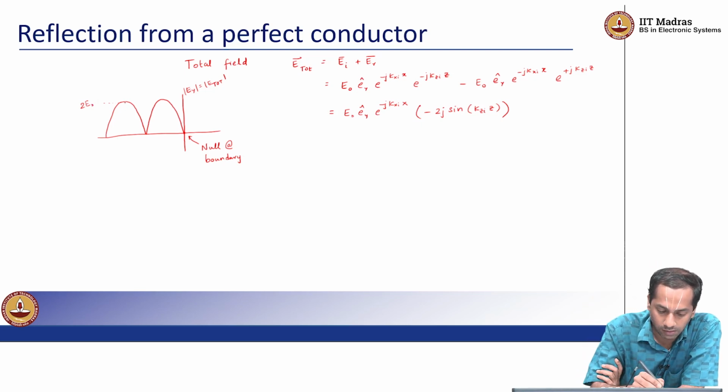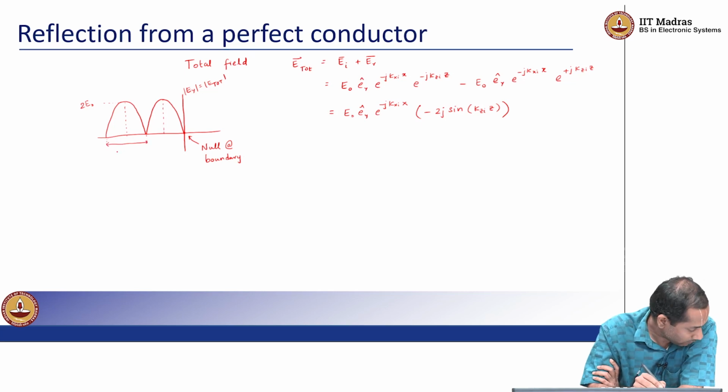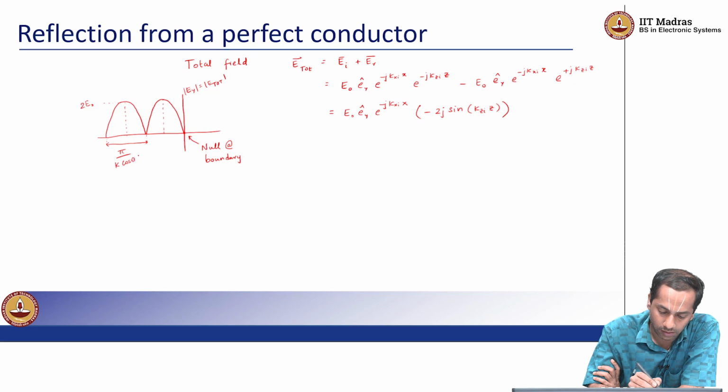Okay, and the distance between two maxima or two minima is essentially pi over kzi, right, which is k cos theta I.